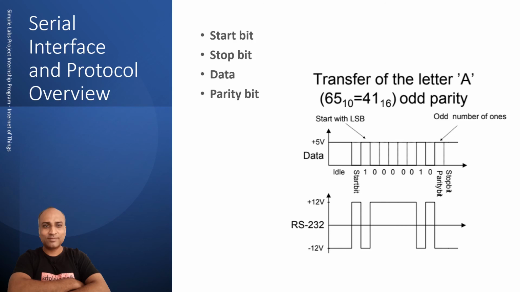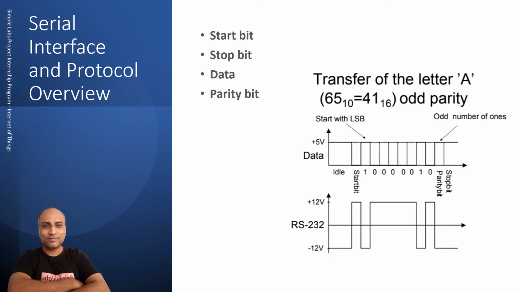In this case it's an odd parity. Let's take this example. There is an odd number of ones. The parity bit will count the number of ones in the data, and if it is even, it will add one bit and make it odd. That's why it's called an odd parity.